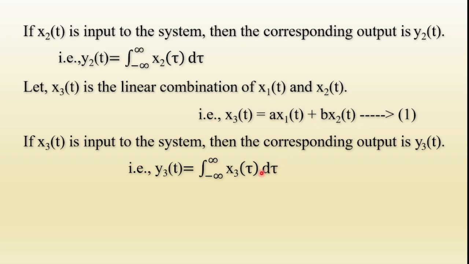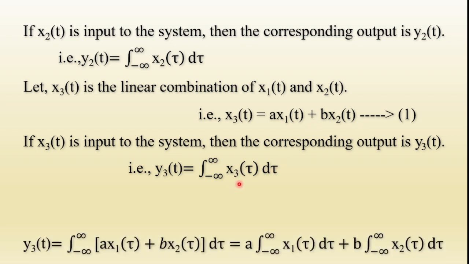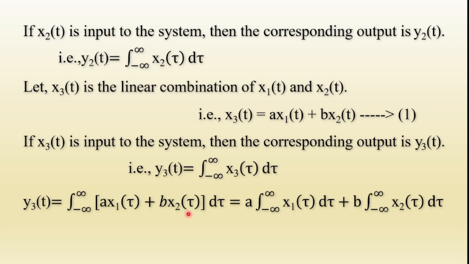Using this, x3 of tau is a x1 of tau plus b x2 of tau, and applying the integration to both the terms, where a and b are arbitrary constants written before the integration, we get a integral from minus infinity to infinity of x1 of tau d tau plus b integral from minus infinity to infinity of x2 of tau d tau. This first integral term is the first system output, that is y1 of t, and this second integral is the second system output, that is y2 of t.